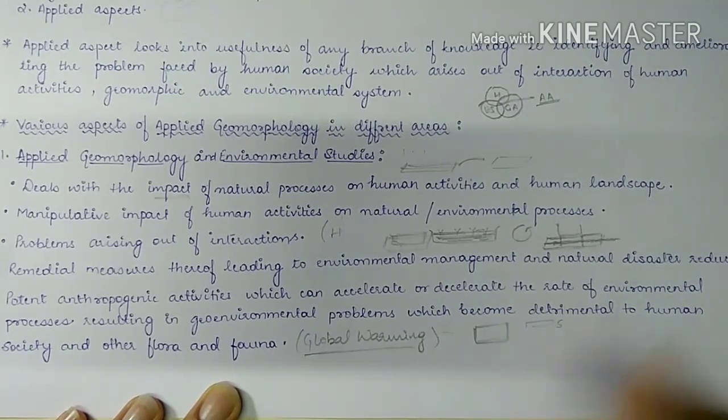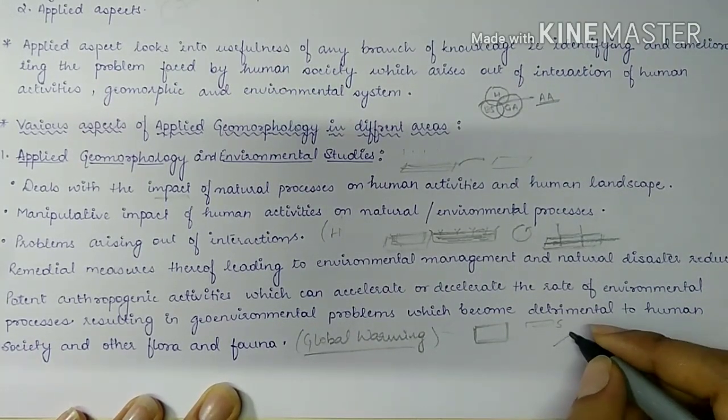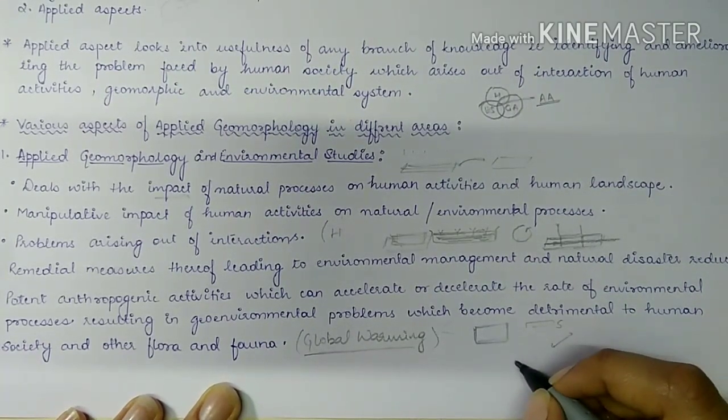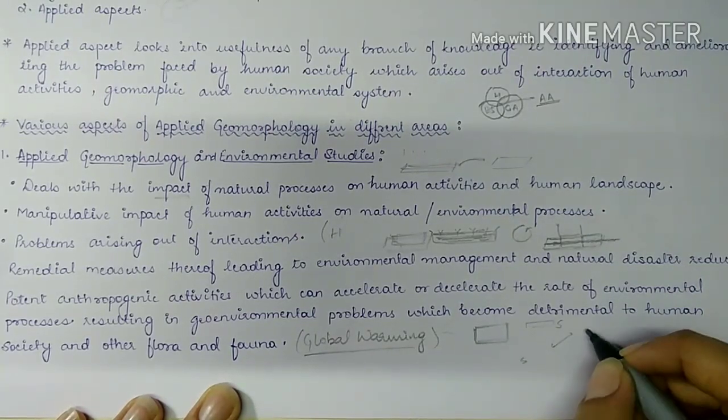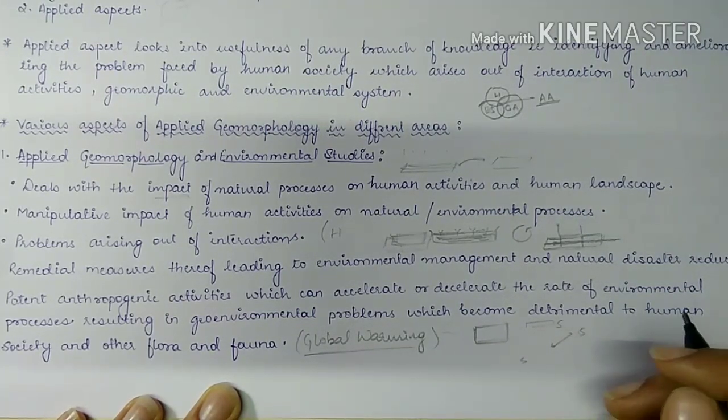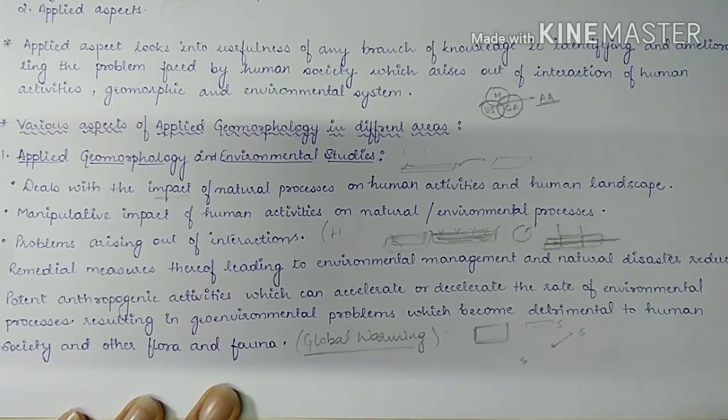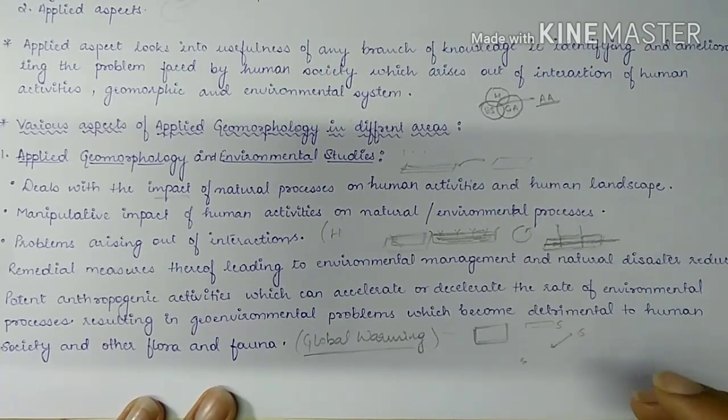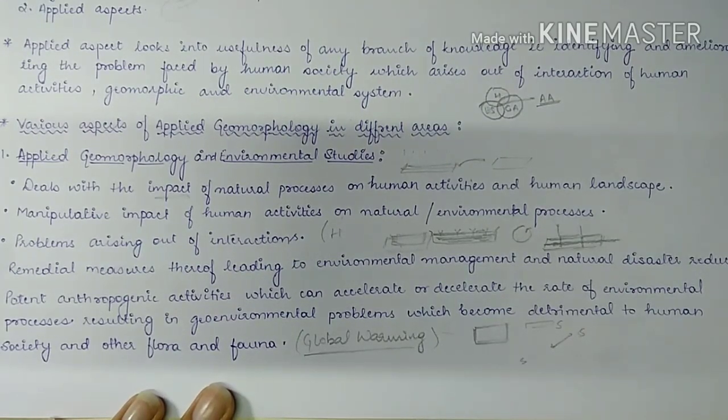So the seasonal difference is more, it is extreme. So these anthropogenic activities are increasing and decreasing the rate of normal environmental processes.